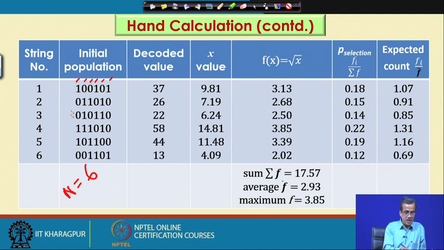So, this initial population of solutions we have generated at random. Now, how can a binary coded GA find the optimal solution? Let us concentrate on the first GA string, that is 100101.